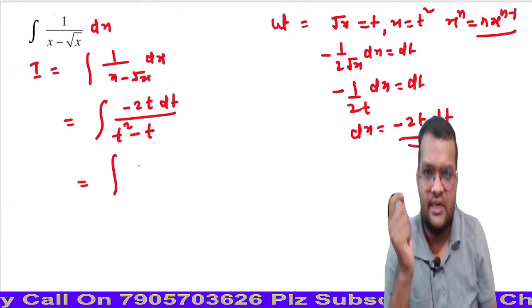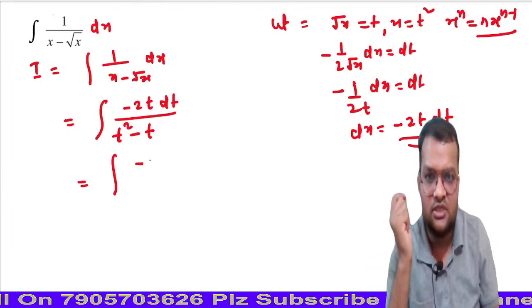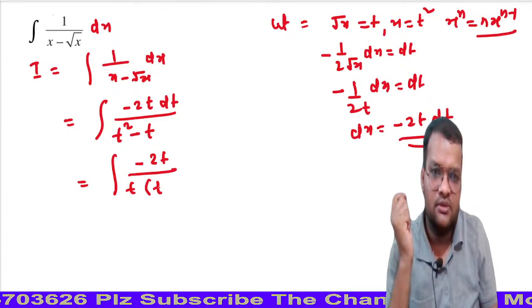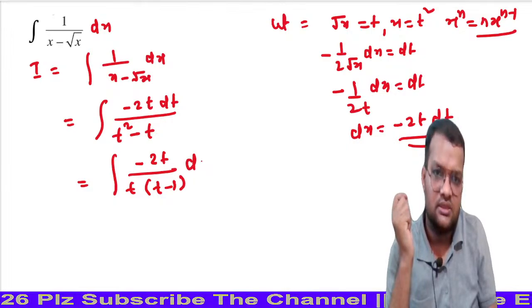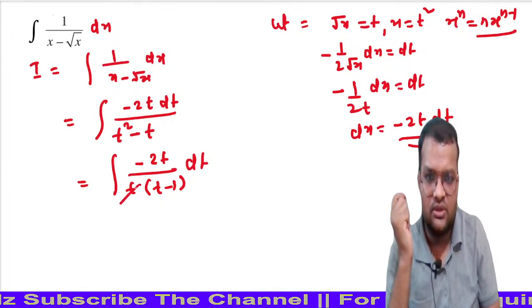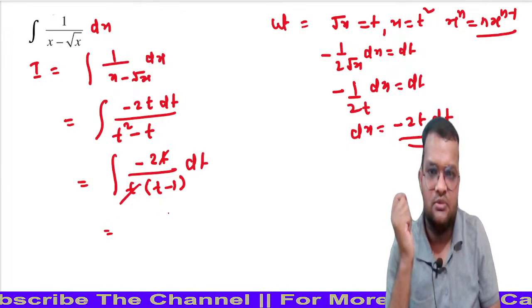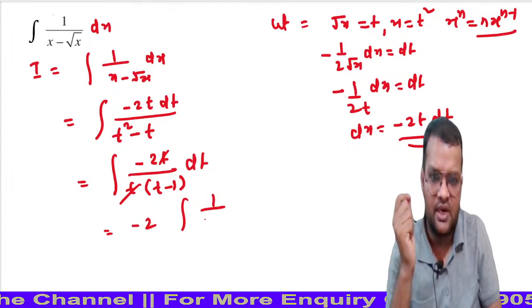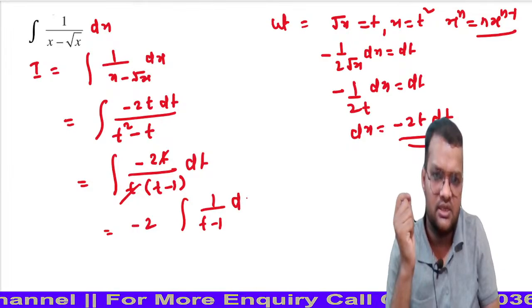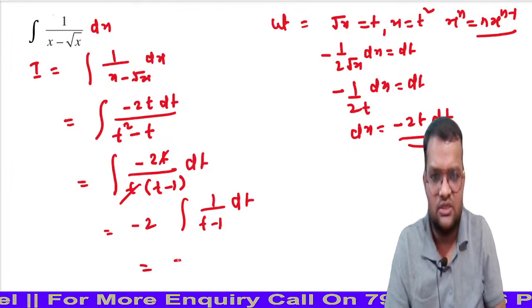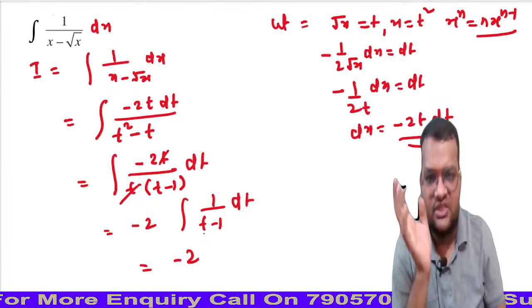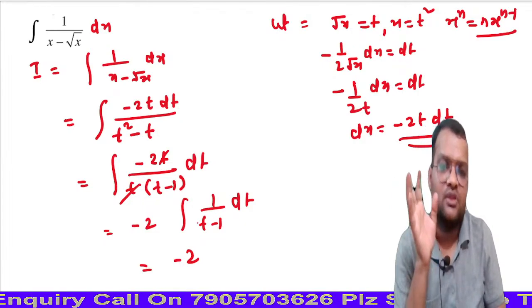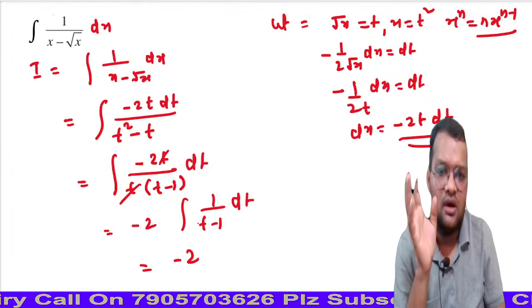Now you can take the common t in denominator. It becomes minus 2t upon t minus 1 dt. Now you can cancel out t and this t. It becomes minus 2 in bracket, integration of 1 upon t minus 1 dt. When you differentiate the denominator and you get the numerator, it means this is the integration of log.